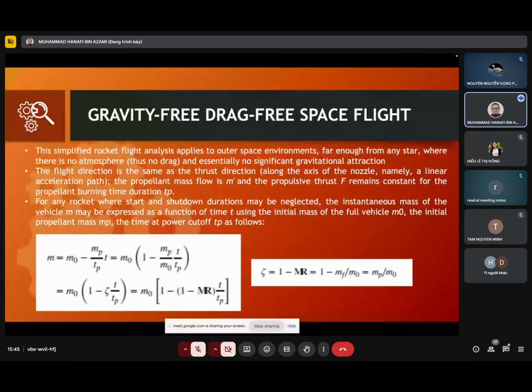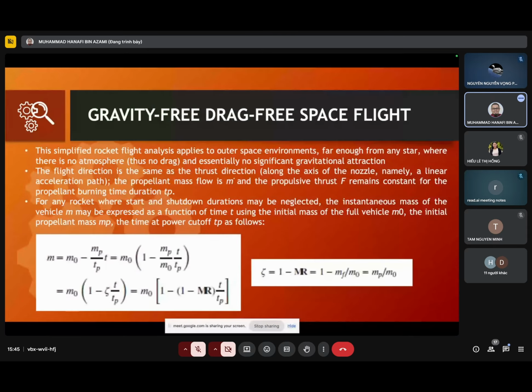And also you have tp, which is the cutoff power time, where your MECO is. The time for the MECO. So it follows that m is the instantaneous mass. For example, you want to calculate the mass of the launch vehicle at 4 seconds.